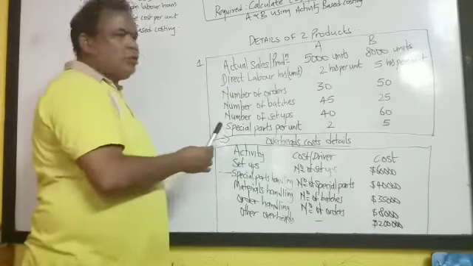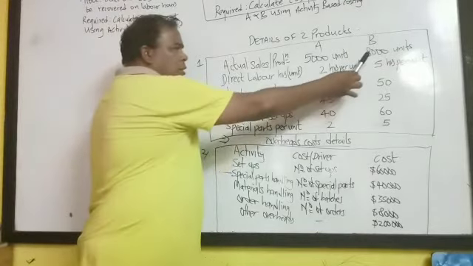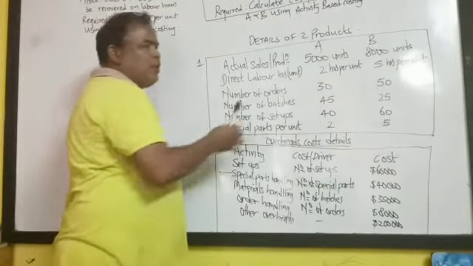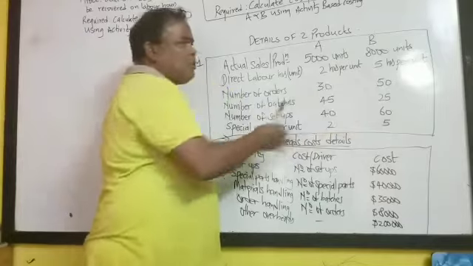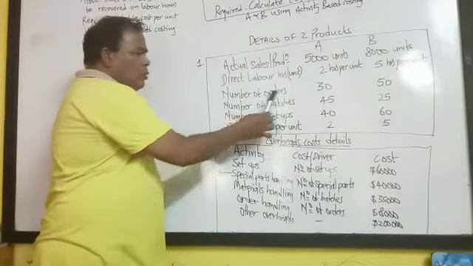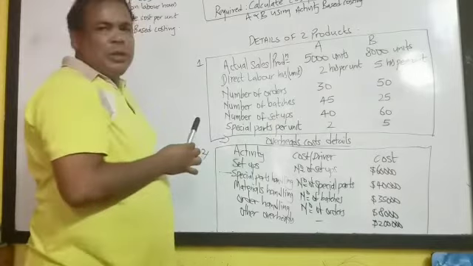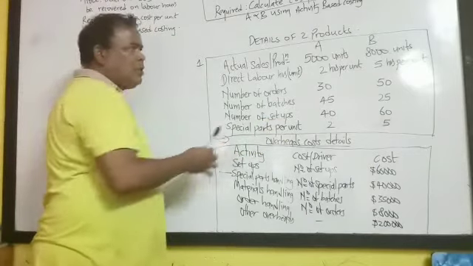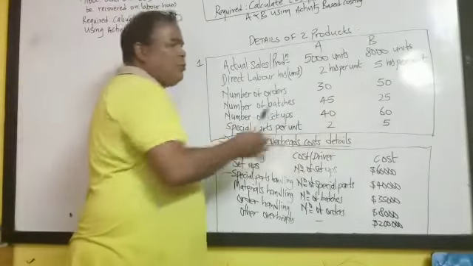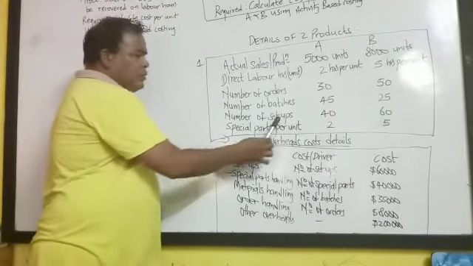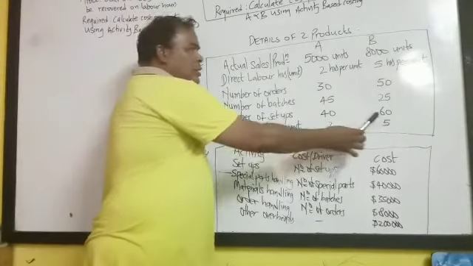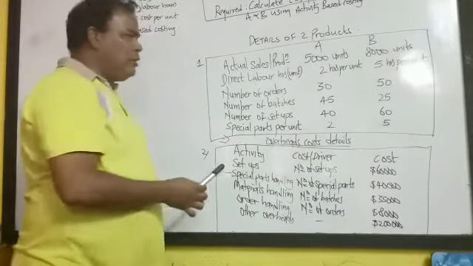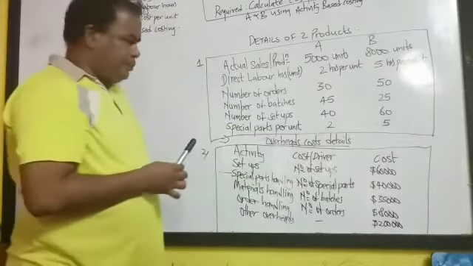Actual sales and production, 5,000 units for product A, 8,000 units for product B. Direct labor hours, 2 hours per unit for product A, and 5 hours per unit for product B. Number of orders, 30 for product A and 50 for product B. Number of batches, 45 for product A, 25 for product B. Number of setups, 40 for product A, 60 for product B. Special parts per unit, 2 for product A and 5 for product B.